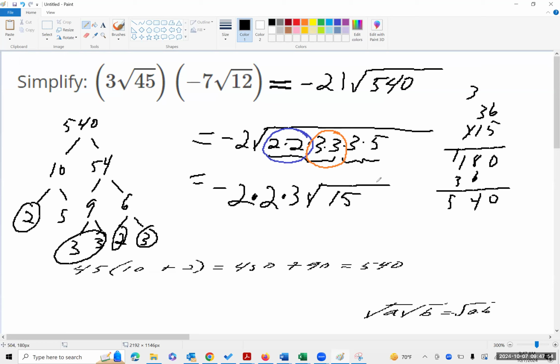And that's a 15. So my final answer then is the result of -2 times 2 times 3, which is -12 root 15. And that's how you simplify this type of radical expression.